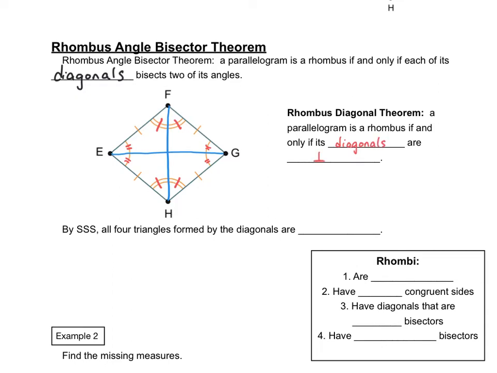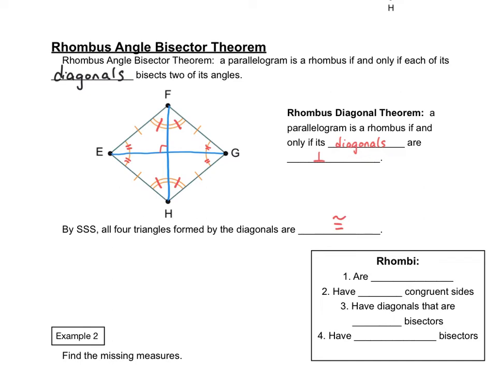So here we know then that we end up with another characteristic of a rhombus, is that our diagonals will be perpendicular. They will intersect at perpendicular 90 degrees. And then that will end up giving us, by side, side, side, all 4 angles formed by the diagonals will be congruent.